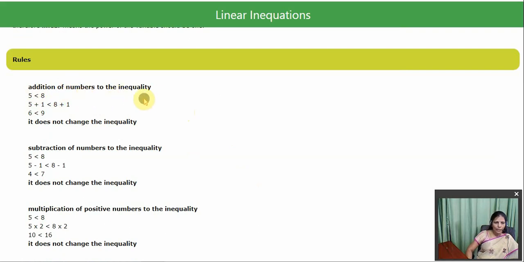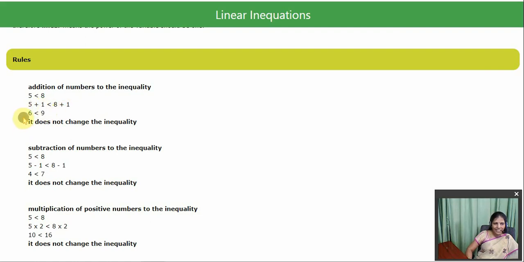numbers to the inequality. For example, I have taken a true statement, 5 is less than 8. Now I am adding the numbers on both the sides, LHS and RHS. If I add the numbers, we should check whether this inequality changes its sign or not. Now I am adding 1 to both the sides.